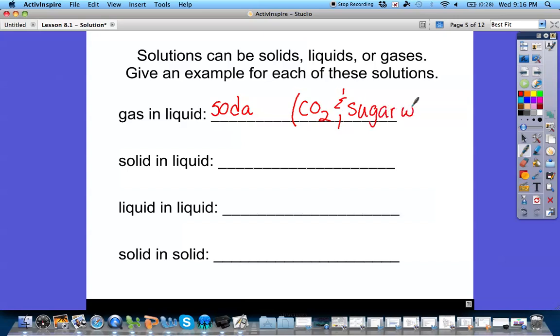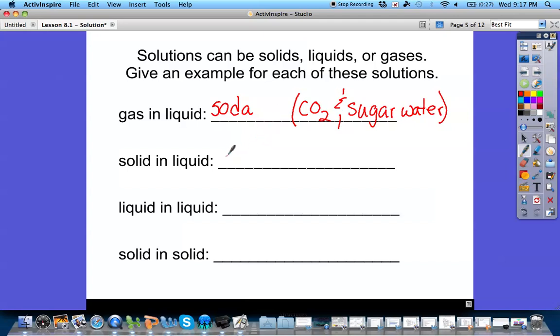That's the other part of your soda. If you've ever seen this Soda Stream, you can buy the sugar water or the flavoring, and then you have a CO2 cartridge and you're dissolving the CO2 into that flavored water to get the carbonation for the soda that you make at home.